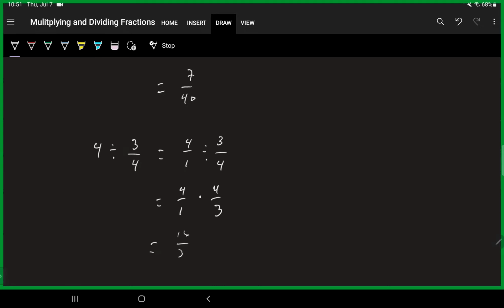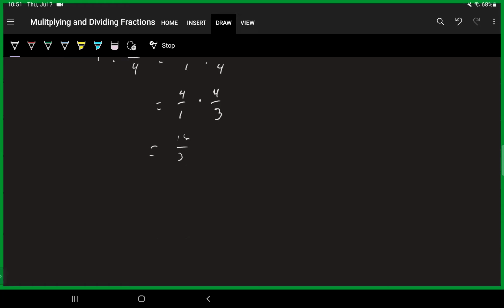You can also divide mixed numbers very much in the same way. Let's do one example. Let's do 1 3/4 divided by 2 1/2. Before I could do anything with this, I'm going to need to convert.